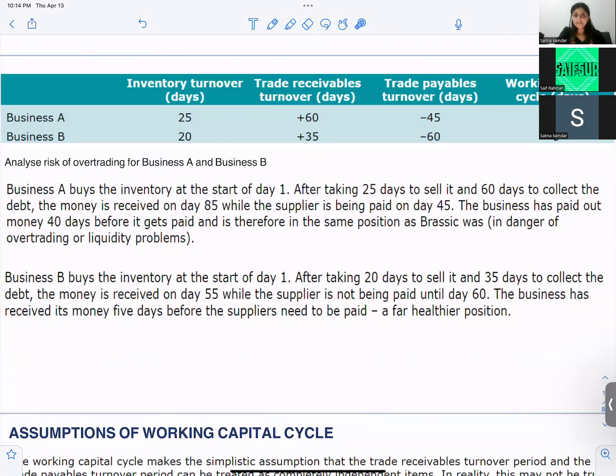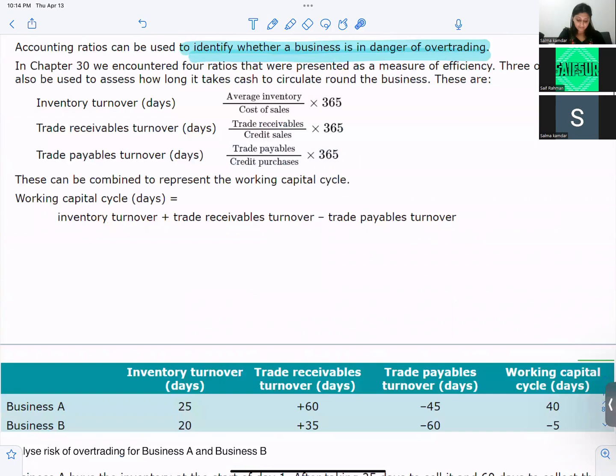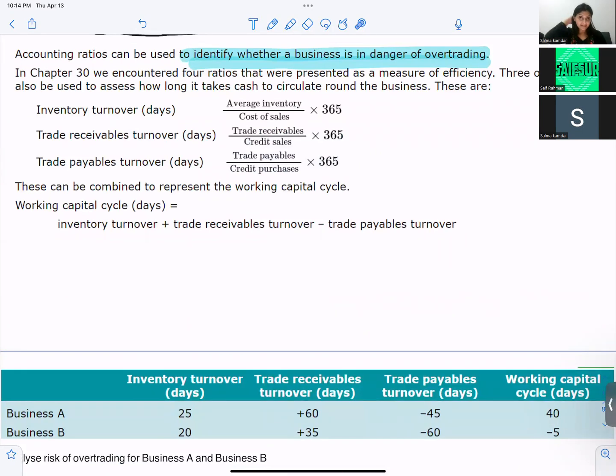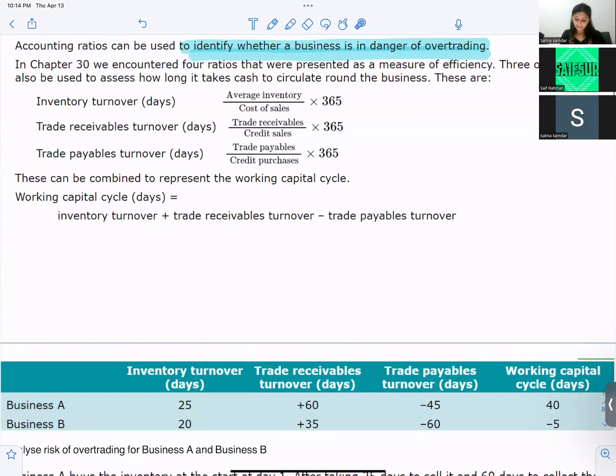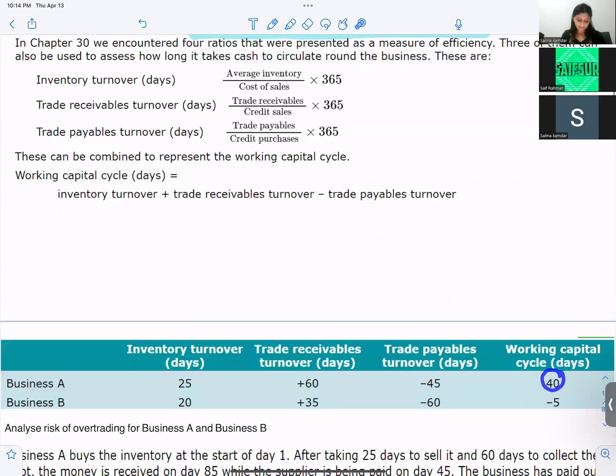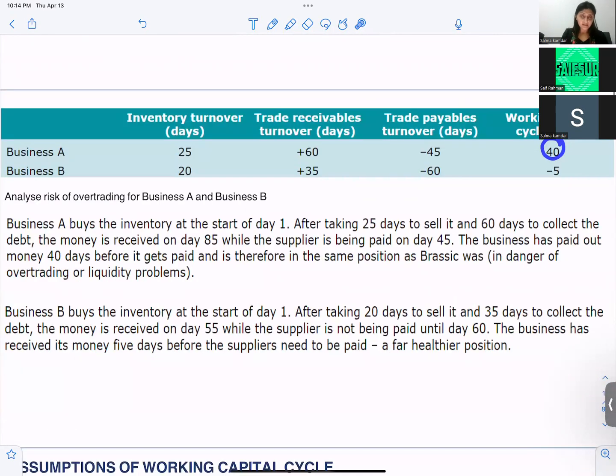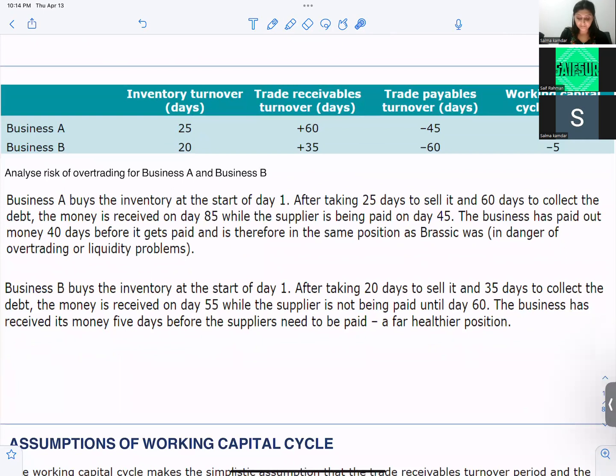Can you tell me which business is in danger of overtrading? Business A. Why? Now you look over here.